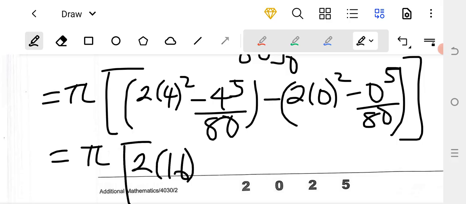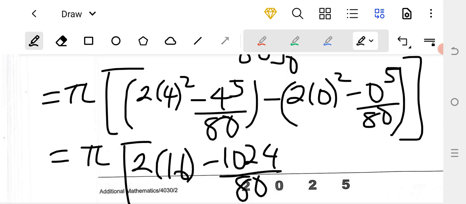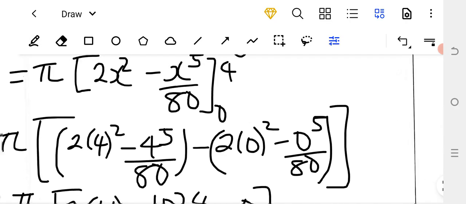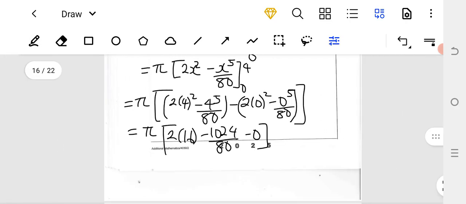If you type that into a calculator, 4 to the power 5 is going to give you minus 1024 over 80. And then that side is going to give you minus 0. That's what we have remained with.